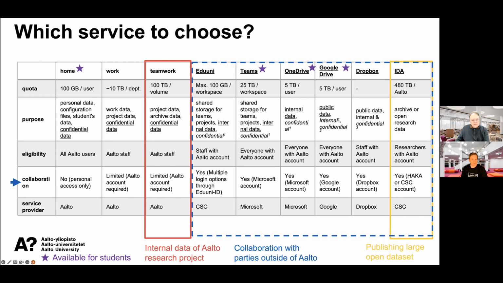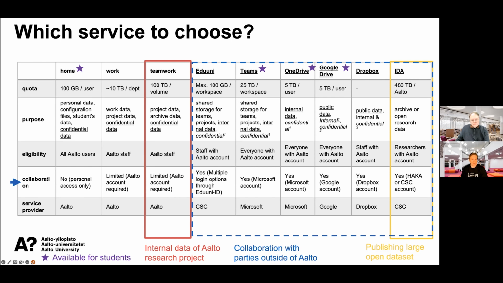And if you need to share data with somebody outside of Aalto, then you can use cloud services: Microsoft Teams, Google Drive, Dropbox. The choice depends on what the collaborators are using. Also, Fair Data IDA can be used during the project and the collaboration phase, and later on for publishing the files there.